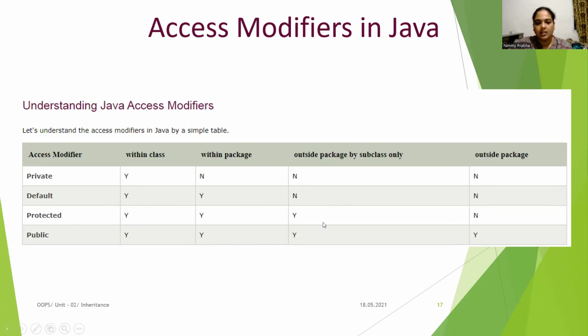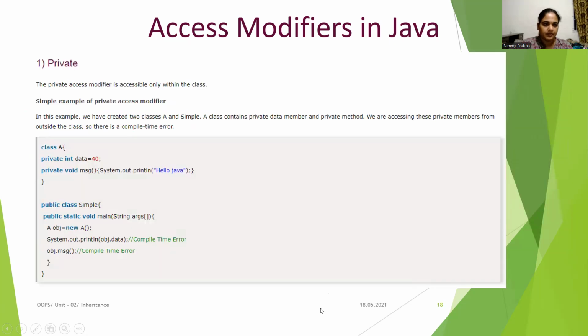Protected means we can use it within the class, within the package, outside the package by subclass only, and outside the package otherwise, no. Public, within the class, within the package, we can use those methods or variables, and outside the package also. Everywhere we can use it with the help of public.